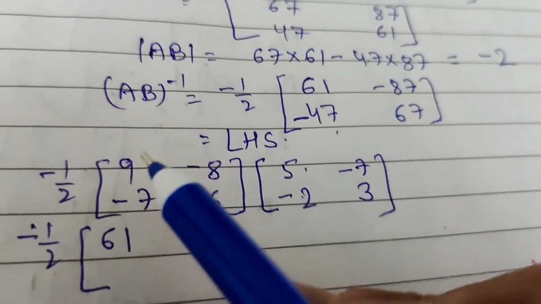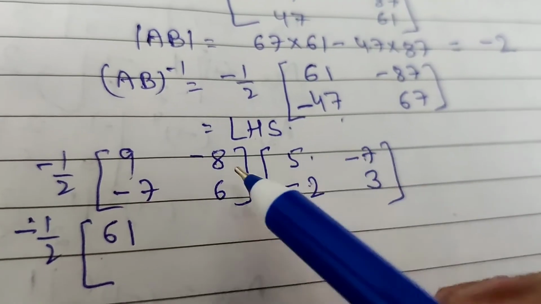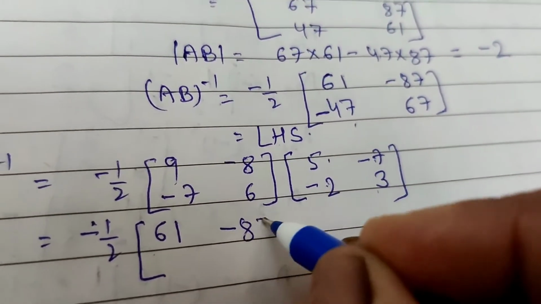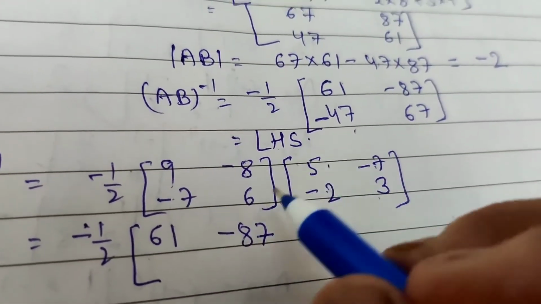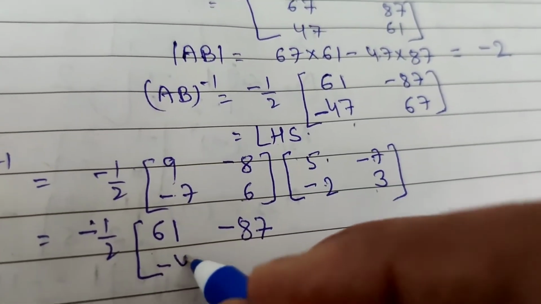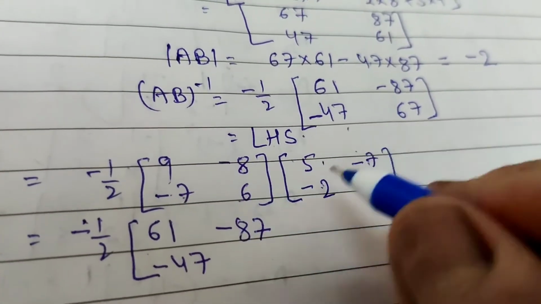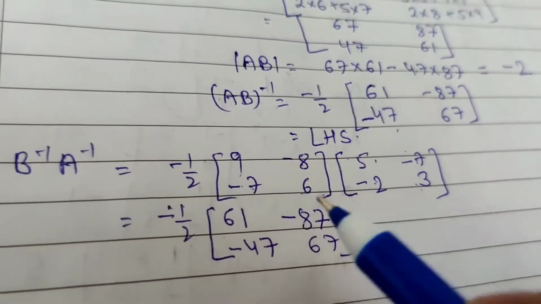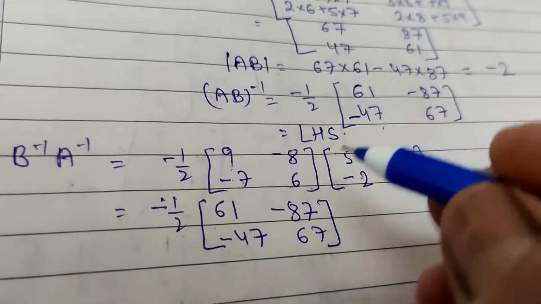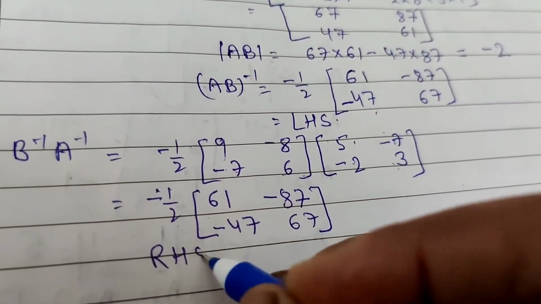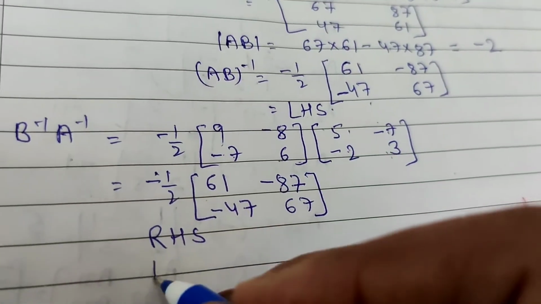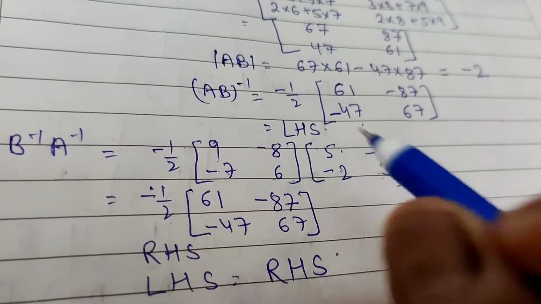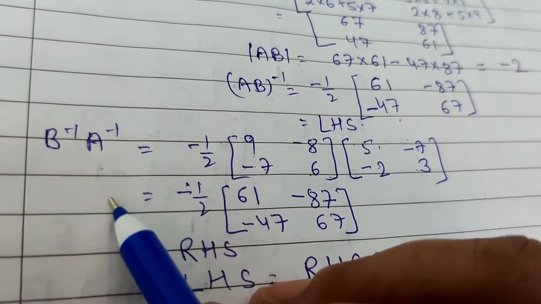Same, 9 into 7 is 63, minus 63, minus 24, it is minus 87. Minus 35 minus 12 is minus 47, and 49 plus 18, this is equal to the RHS. So hence LHS equal to RHS. Verified: AB inverse equal to B inverse into A inverse.